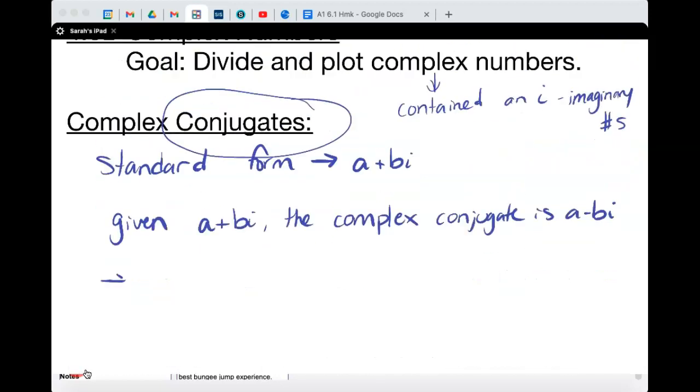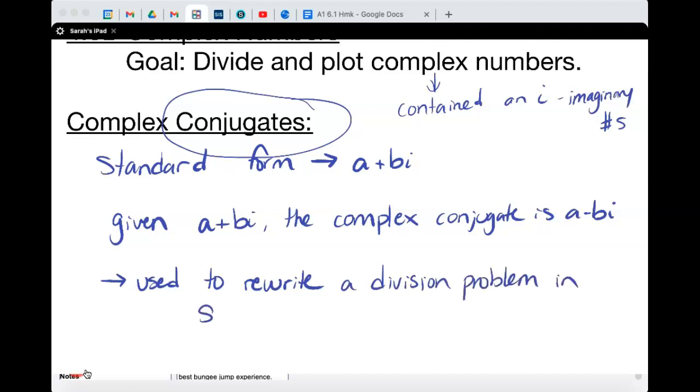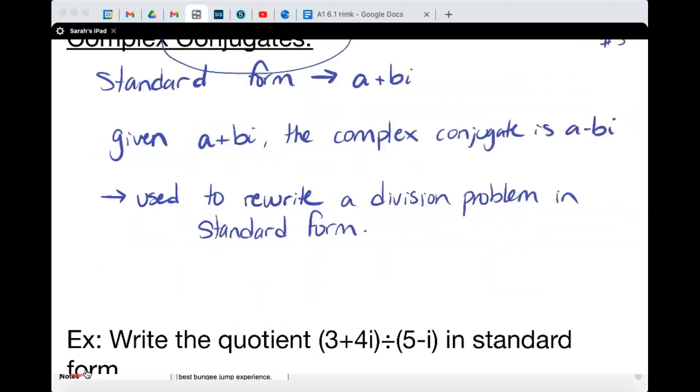So I'm going to say this is used to rewrite a division problem in standard form.